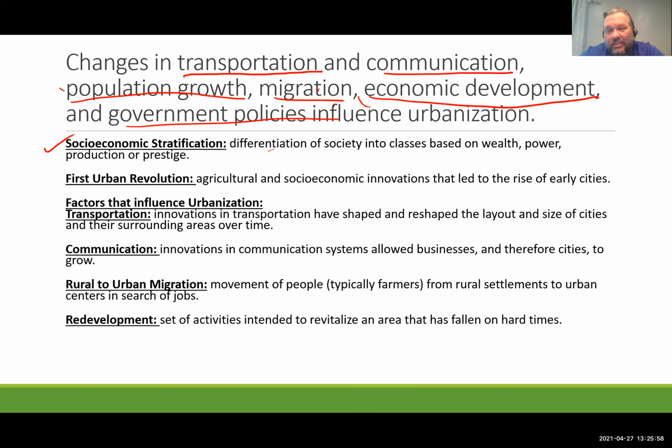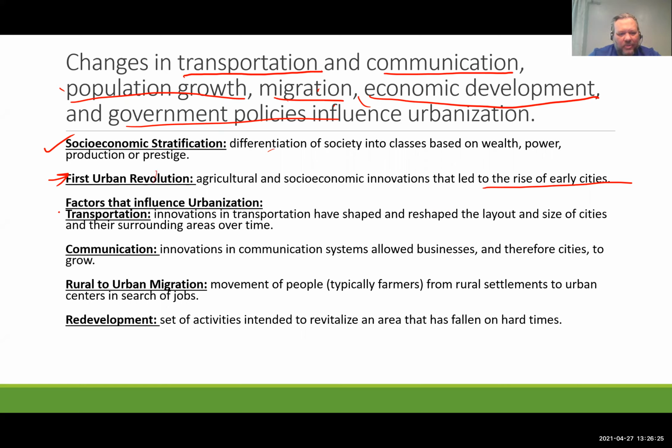And if you look at cities like Tucson, there's socioeconomic stratification here, and there is everywhere. And the degree of that inequality can differ, but anyway, the first urban revolution, agricultural and socioeconomic innovations that led to the rise of early cities. And so that was the first time we have all these people coming in.